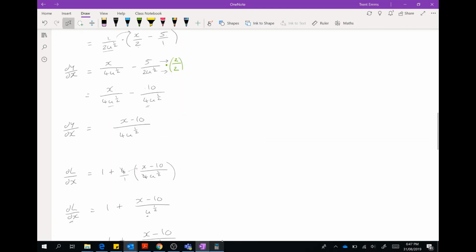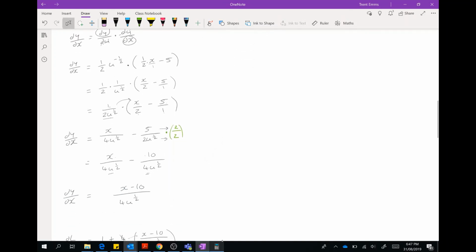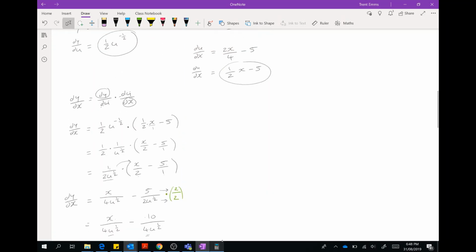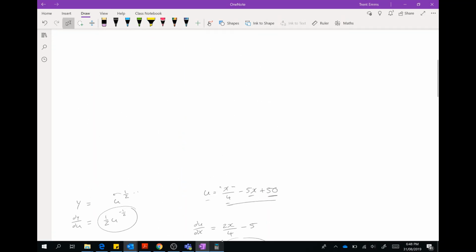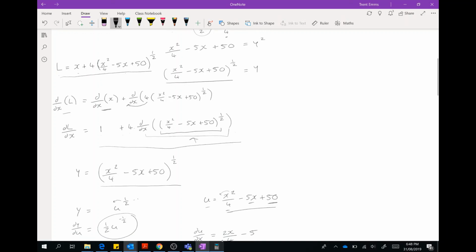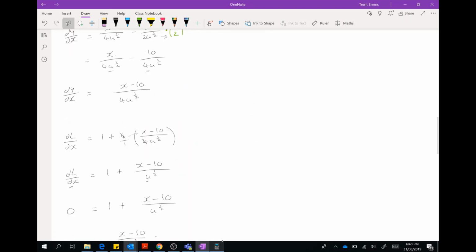So we'll just get our length back up in terms of x. Oh, here it is here. L equals x plus 4 times x squared over 4 minus 5x plus 50, all to the power of a half.